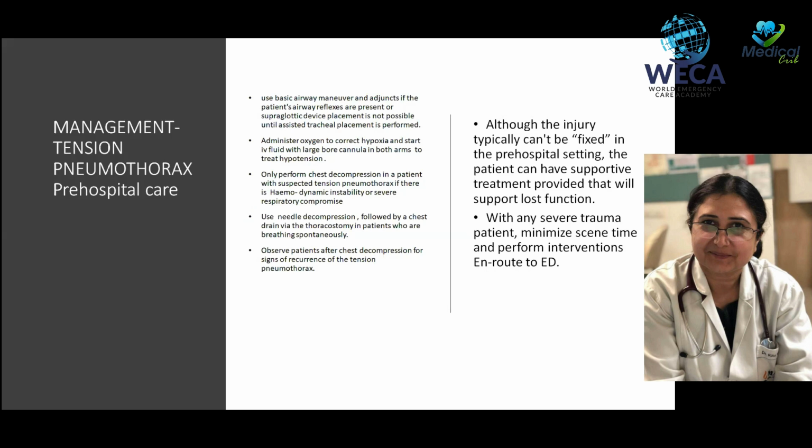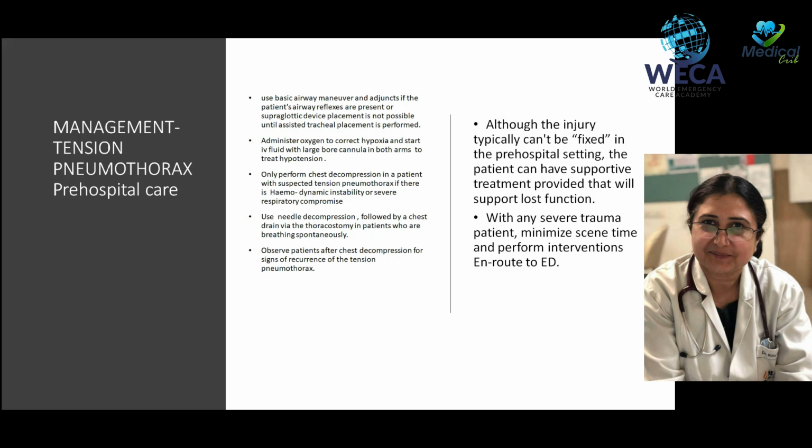Pre-hospital management includes ABC with C-spine stabilization as needed. Use basic airway maneuvers and adjuncts if the patient's airway reflexes are present, or supraglottic device placement if that is not possible, until assisted tracheal intubation is performed. Administer oxygen to correct hypoxia.